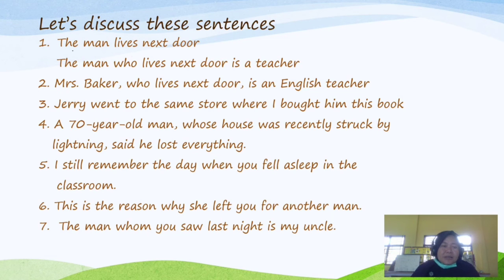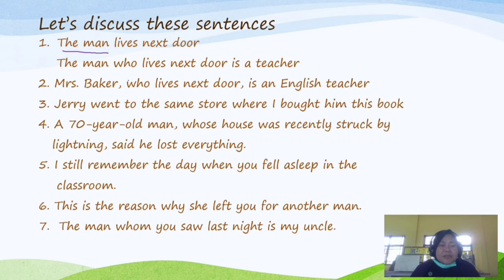Okay, number one, the man lives next door. The man here, there are many men in the world, so that's why there are many men who live next to our doors, for instance, in an apartment or in our house.